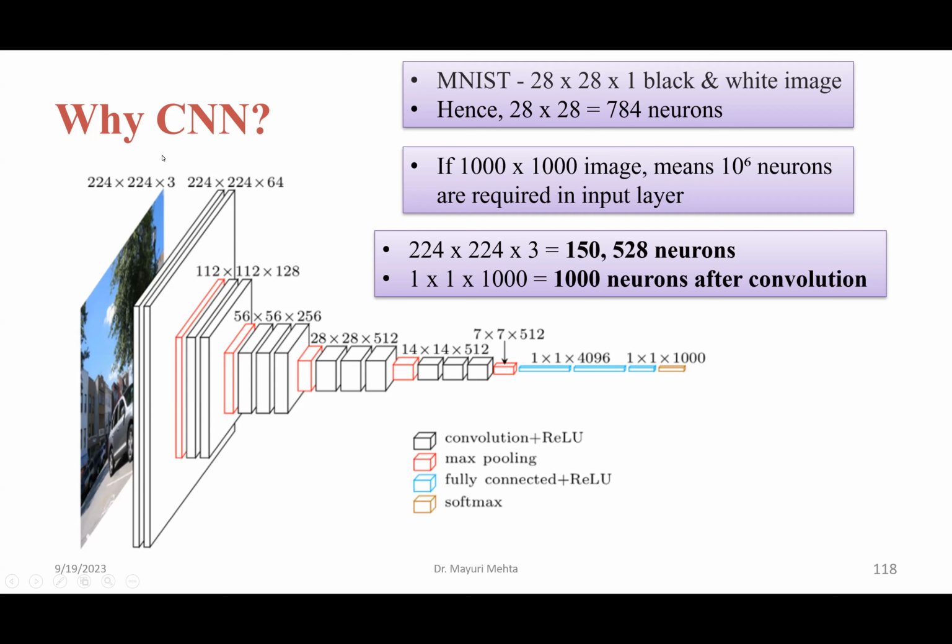This was the original dimension of the image, 224 cross 224 cross 3, which is 1,50,528, and it is reduced to 1 cross 1 cross 1000. So now only 1000 neurons are required in your feed forward neural network. That is the main job of a convolutional neural network: it reduces the dimension of the image from high to low.